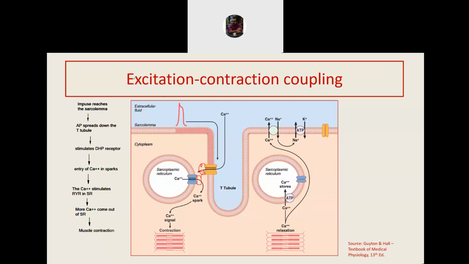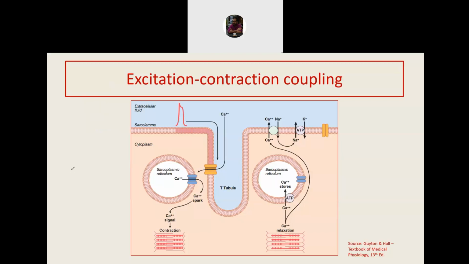Whereas in the cardiac muscle, as we can see, it is not pulled open. Instead, it is stimulated by another chemical, which is calcium itself. So calcium causes calcium release. So it is a chemical that stimulates the release of other chemical. Incidentally, both are the same chemicals.